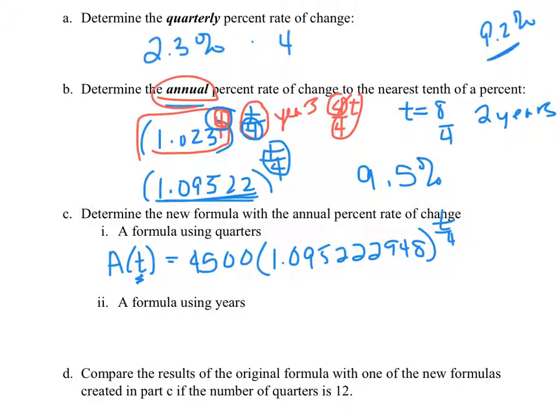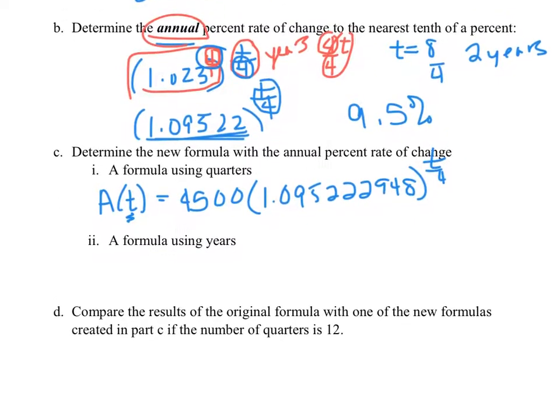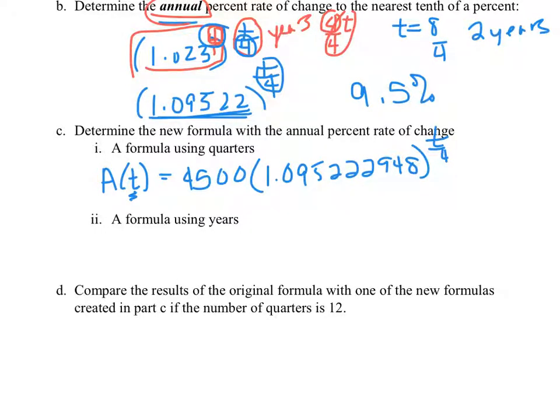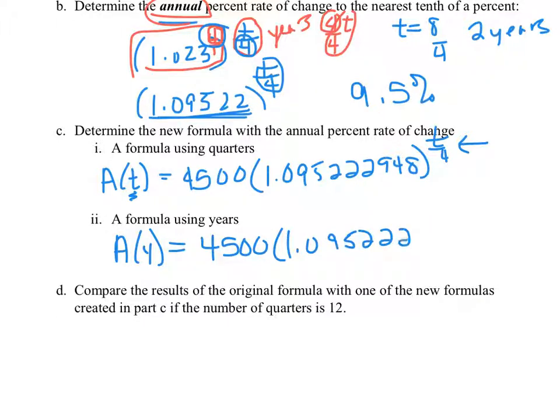Now if you round, things aren't going to work out as perfectly, but it's still going to be pretty darn close. And if I want the formula to be in years, that means this piece right here isn't T over 4 anymore. I'm just going to put a number for years. So it's going to be the same exact formula, to the years.